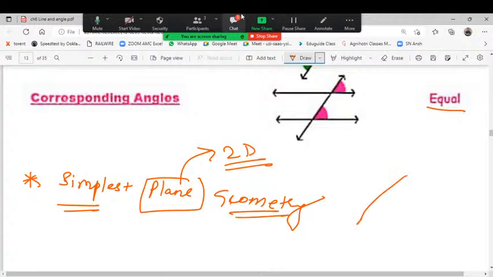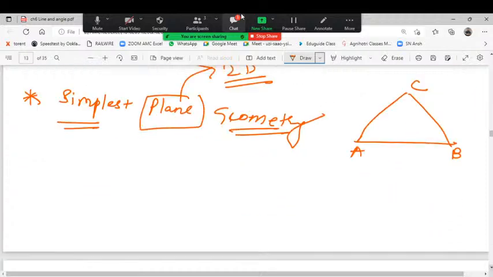It is your triangle. It is made up of three line segments. A triangle has a unique property that the sum of its angles is always 180 degrees.